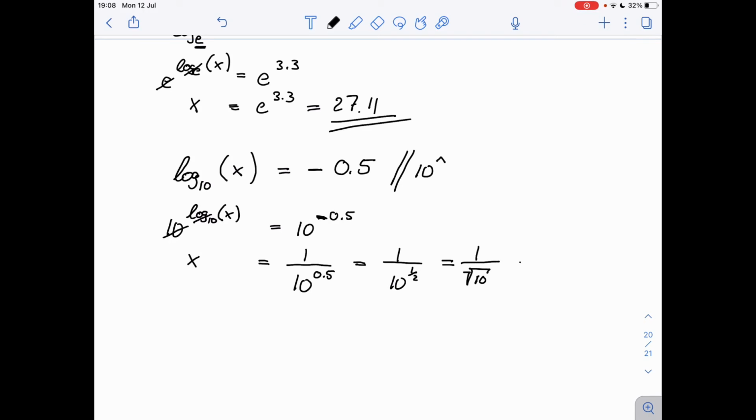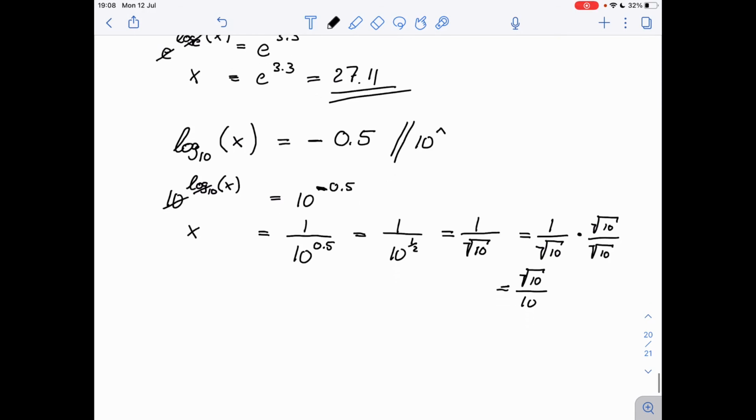We can also extend that, just a little bit of fun: 1 over square root 10 times square root of 10 over square root of 10 gives us square root of 10 divided by 10, because square root of 10 times square root of 10 gives us 10.